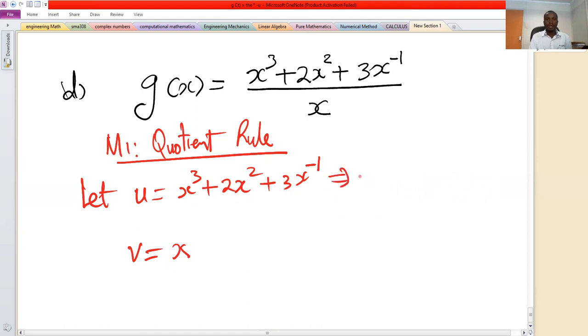So this tells us that u prime will be 3x squared plus 4x plus 3, and v prime is 1.